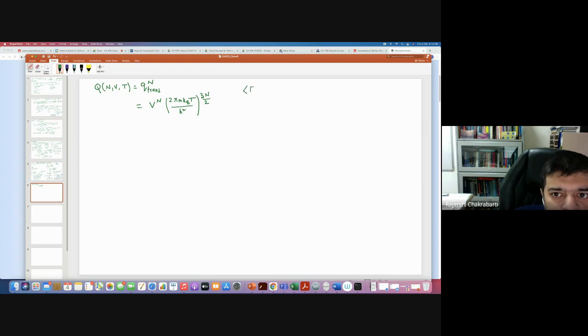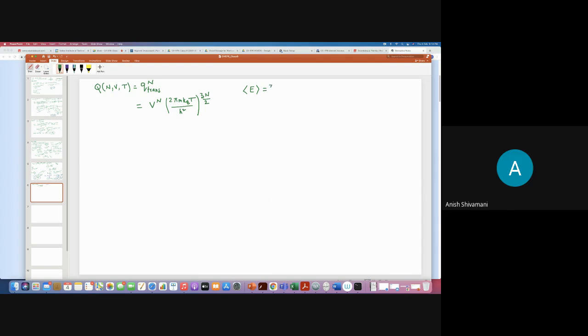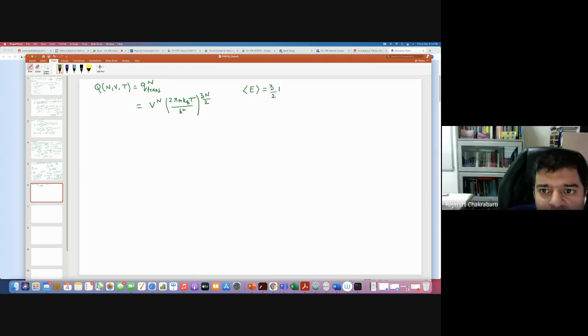If I calculate average E, can anyone tell me what the answer is? It's very easy: 3/2 N kBT. And the heat capacity is going to be 3/2 N kB.